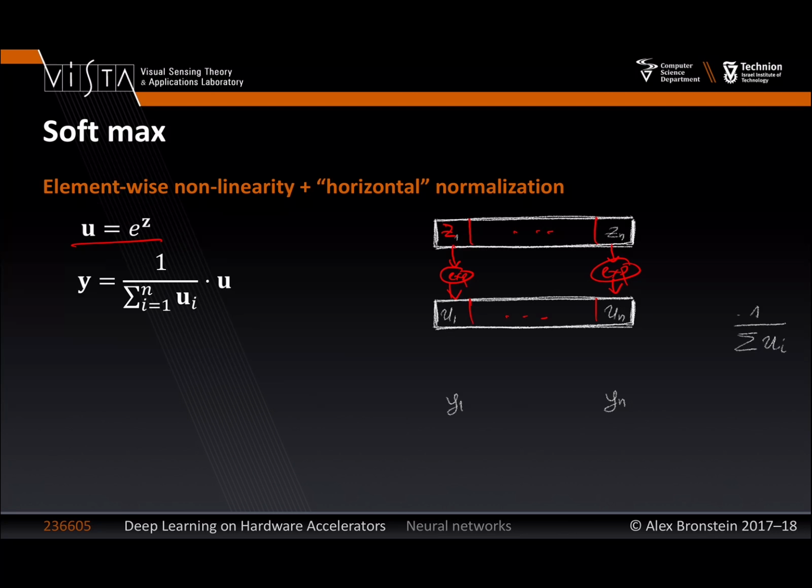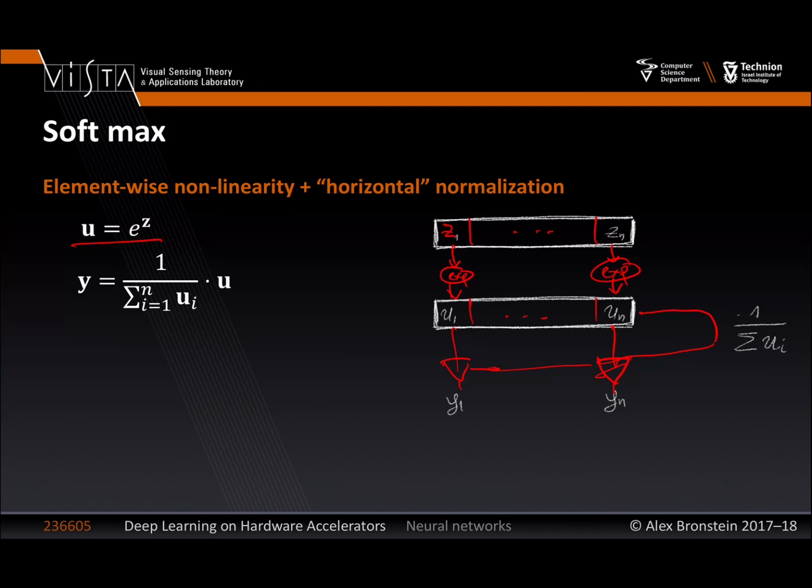Then you compute 1 over the sum of the elements of u. These are always strictly positive numbers, so you get 1 over something non-zero, and you put it as a scale in the output of this vector.